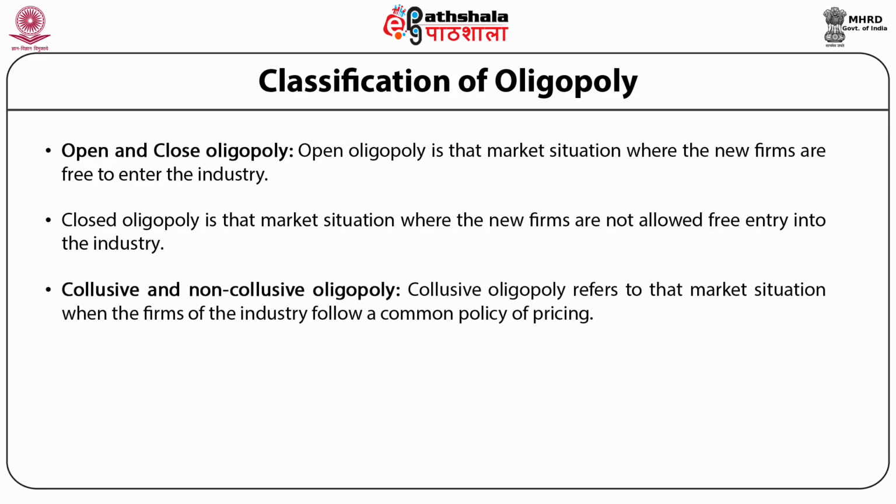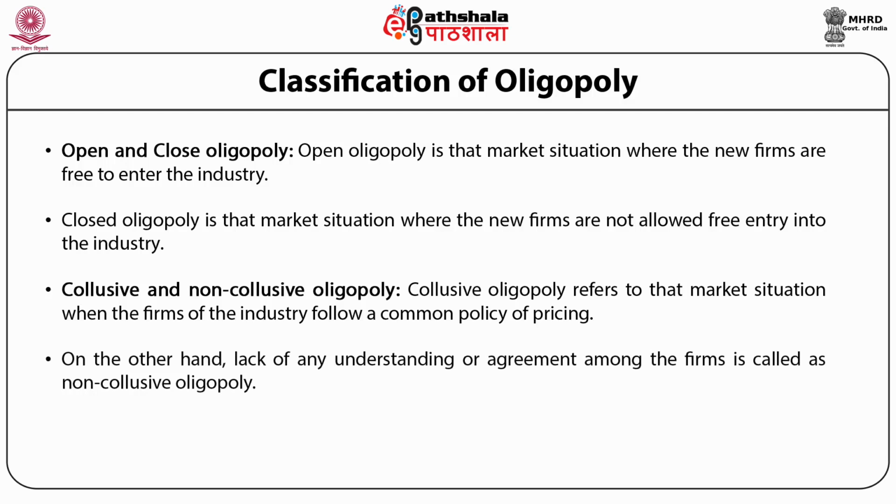Collusive and non-collusive oligopoly. Collusive oligopoly refers to that market situation when the firms of the industry follow a common policy of pricing. In simple words, when all the firms decide mutually to share the market at a fixed price, it is collusive oligopoly.